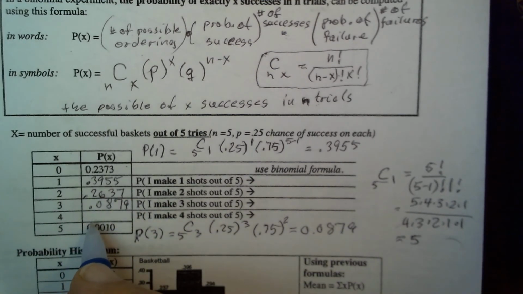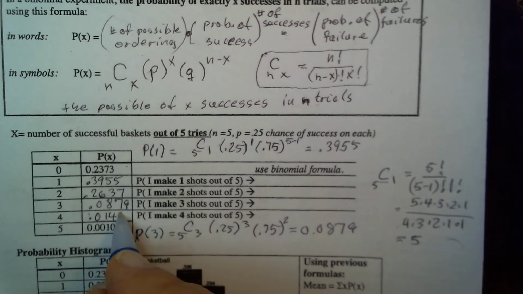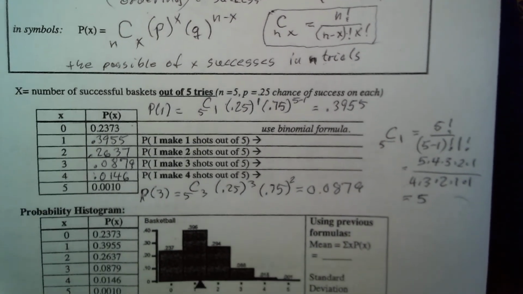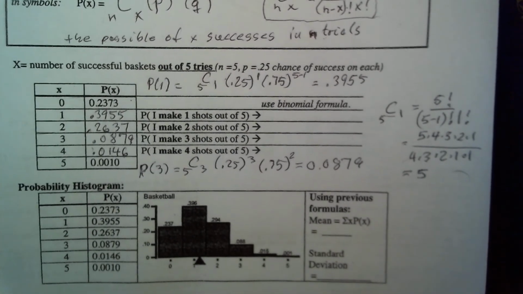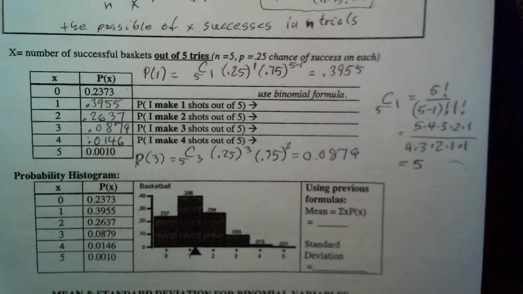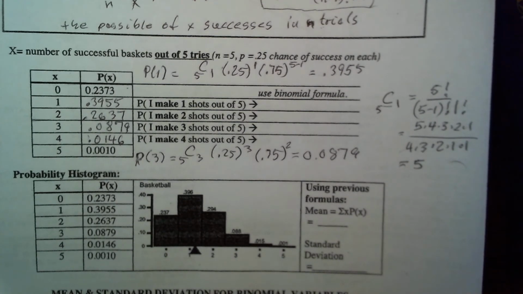And for exactly 4 successes, you should get 0.0146. And of course, it all adds up to 1. So you have all these probabilities, and when you draw a probability histogram, it looks like this. We've seen that before and we know how to construct that.